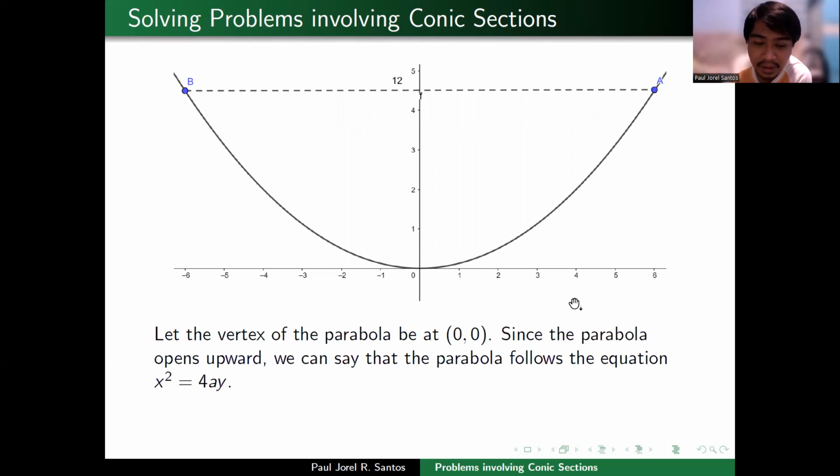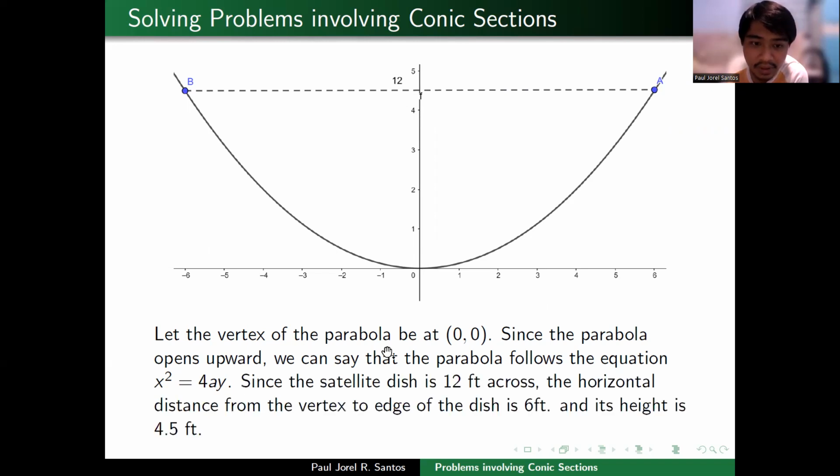Now, since the parabola opens upward, we can say that the parabola follows the equation x squared is equal to 4ay. Based on what we have discussed, if the parabola opens upward and the vertex is at 0, 0, we have x squared is equal to 4ay.